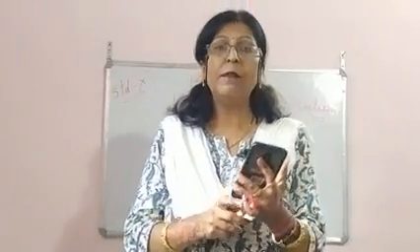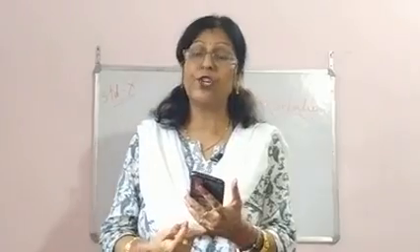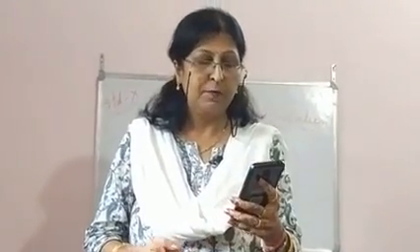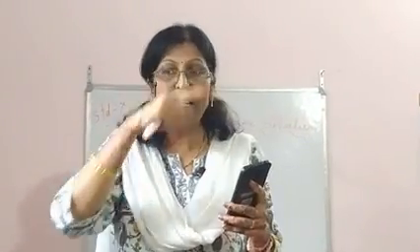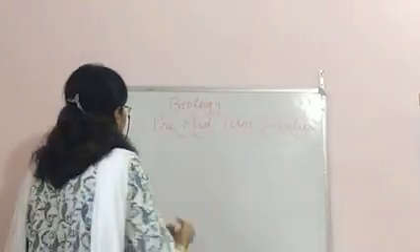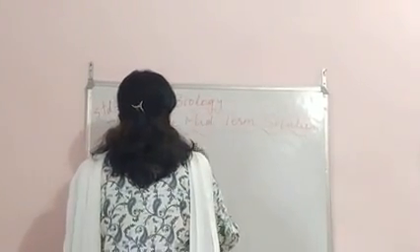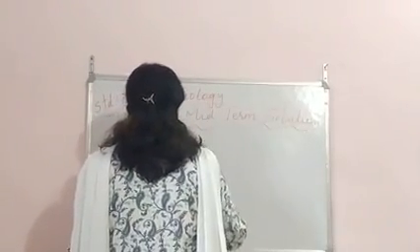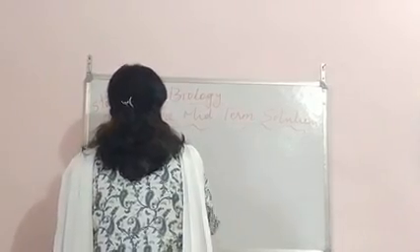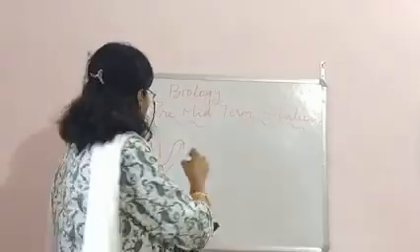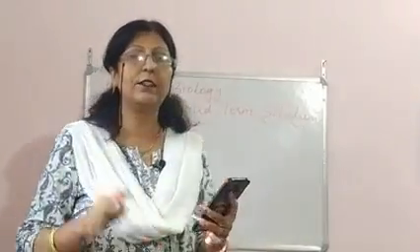Then don't tell me that I have attempted all the questions and did not get marks. The Bowman's capsule has to be correct. It has to be a double-layered wall. It's not as if the birds are flying. This is not the way that you get marks.